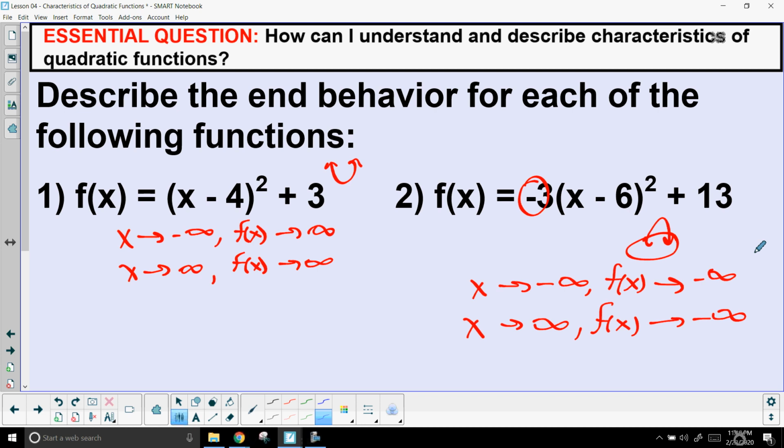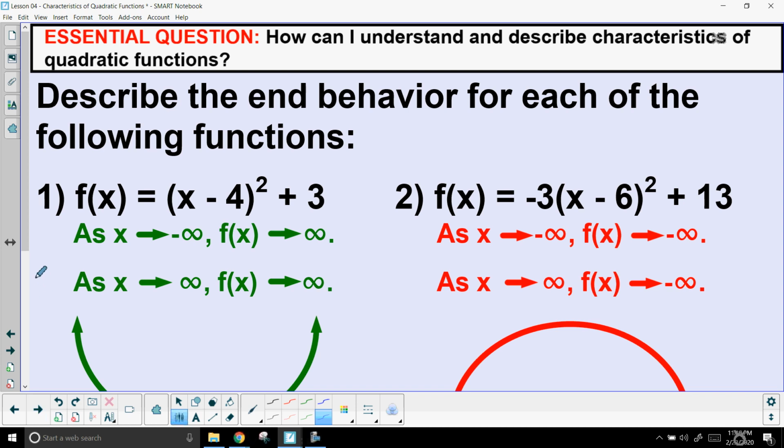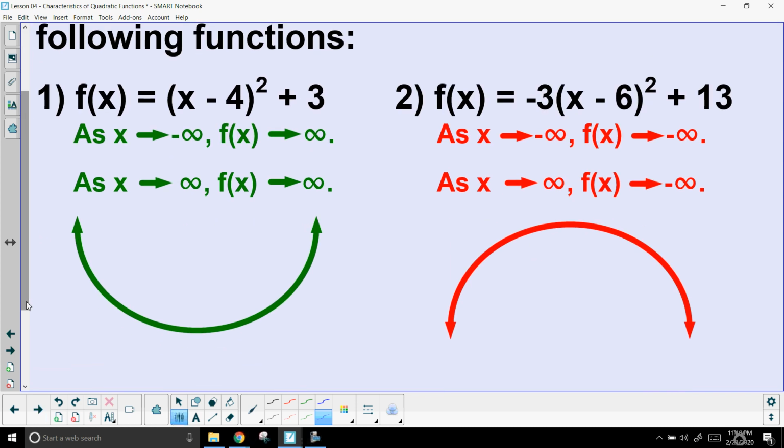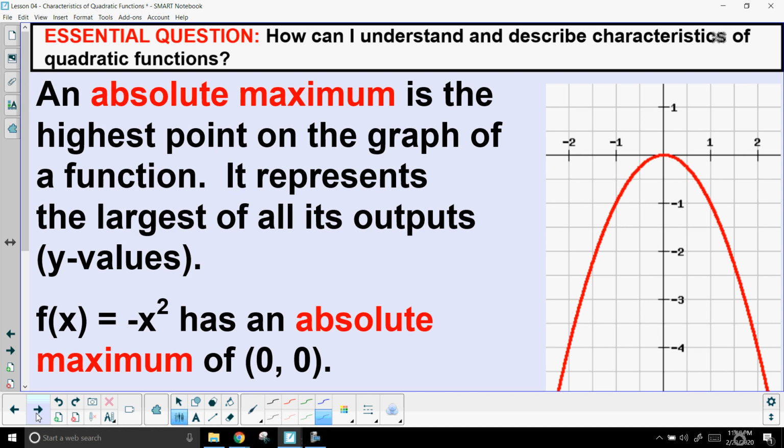Again, if you didn't copy that last slide, here it is again. You're going to hear about absolute maximum next year because there'll be two different types of maximum. But for our sake, we're just saying maximum, but this is going to be the absolute because it's the highest point. Okay?